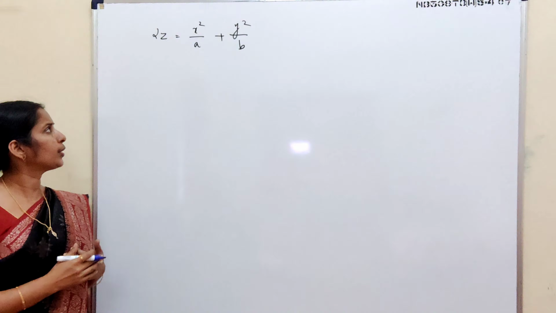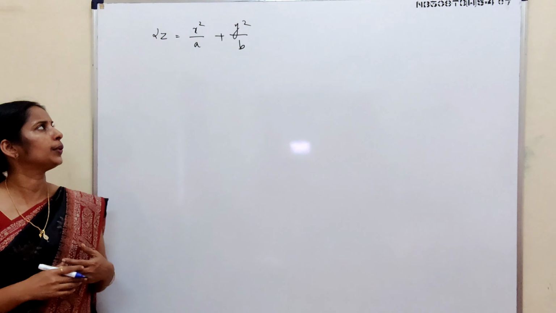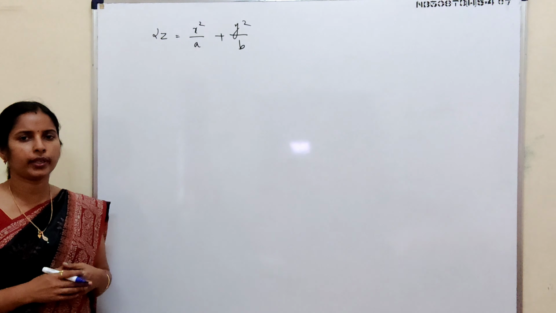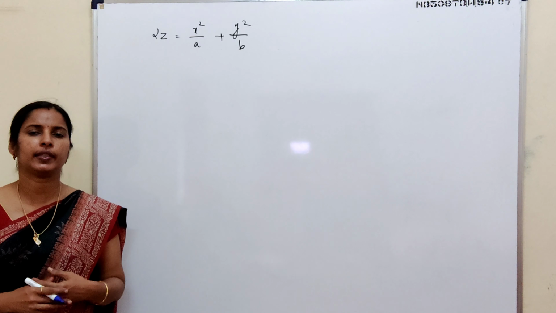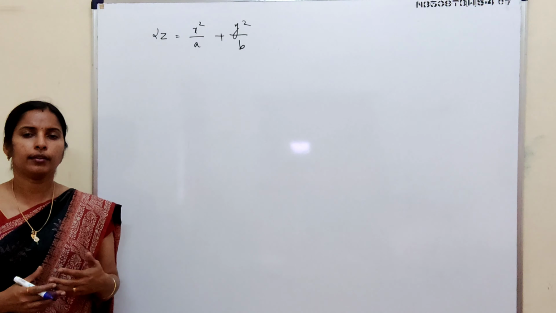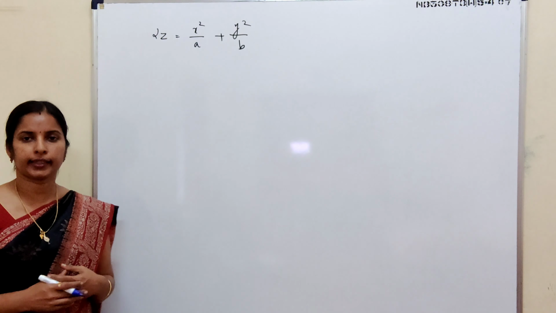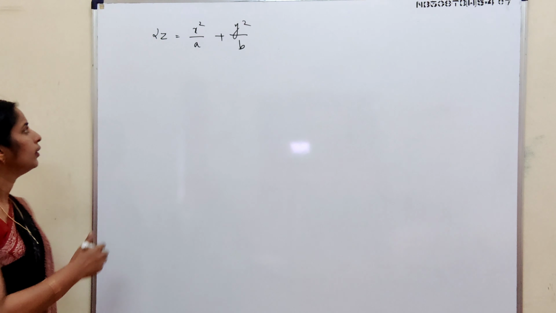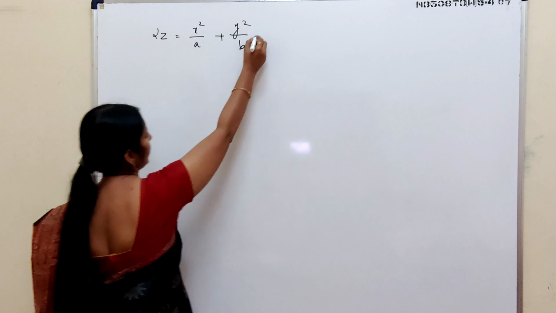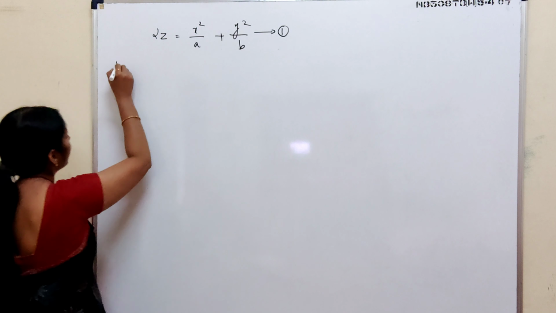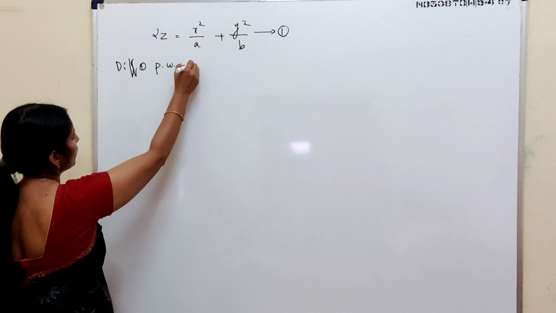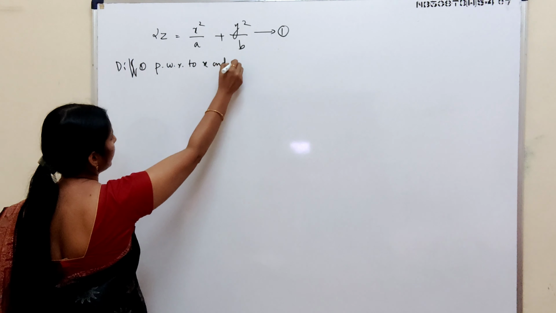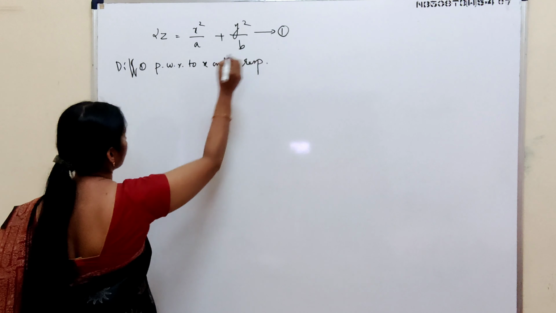Next, we have to make a partial differential equation from 2z equal to x square by a plus y square by b. For that, first you differentiate z partially with respect to x and y. Then you try to eliminate the arbitrary constants a and b. So differentiating 1 partially with respect to x and y respectively.